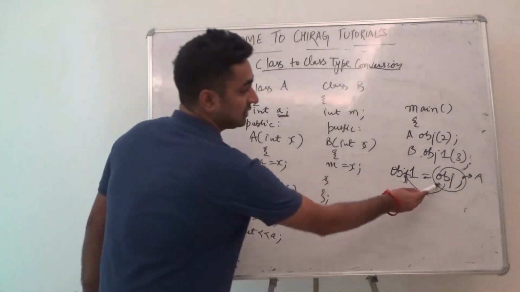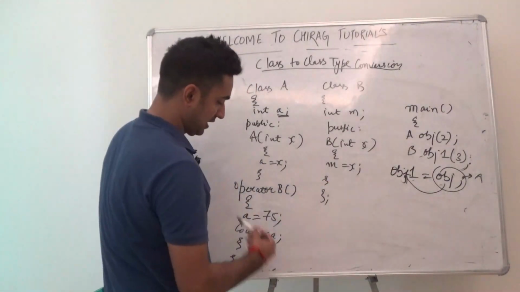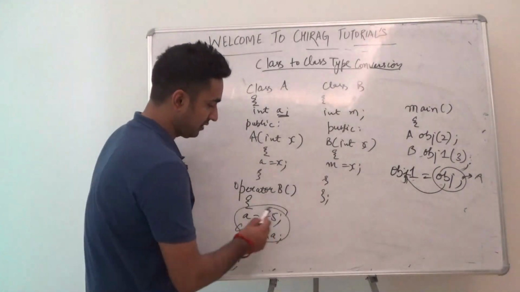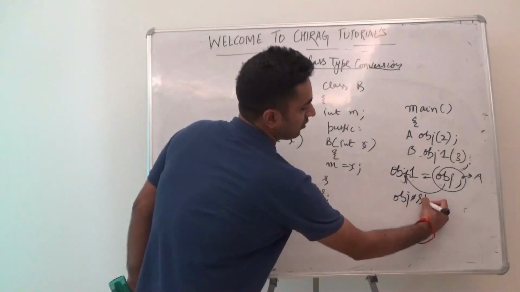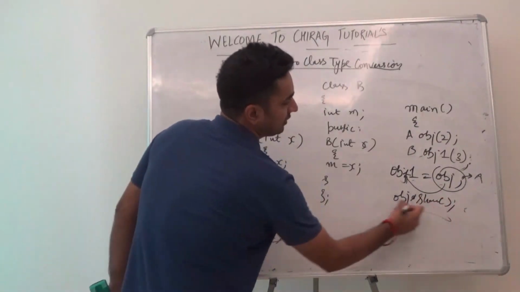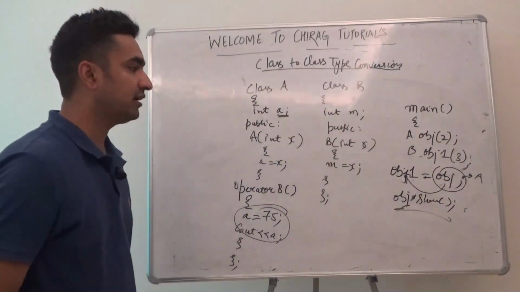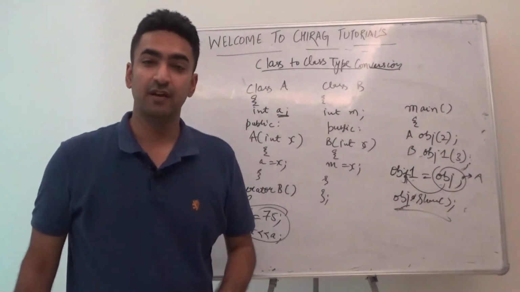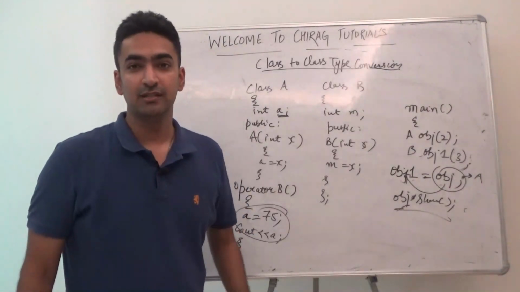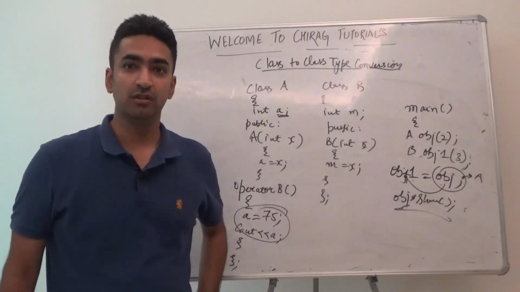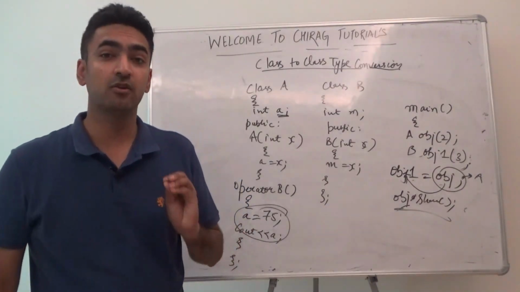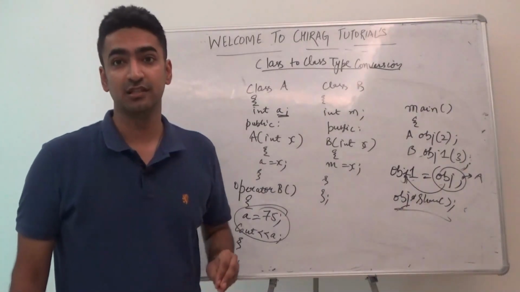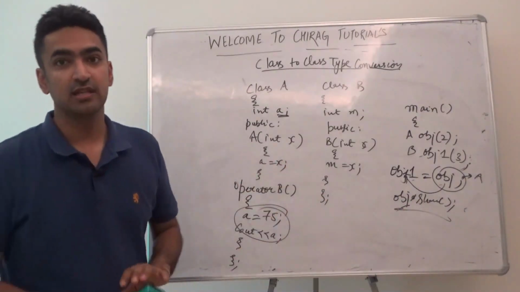So whenever this happens, this answer gets accessed, and you can just write obj.show, and clearly the A value, which is 75, is shown. That's how it actually works out. Wherever the conversion is being done, you have to apply the operator function in that class. That's how class to class type conversion works.